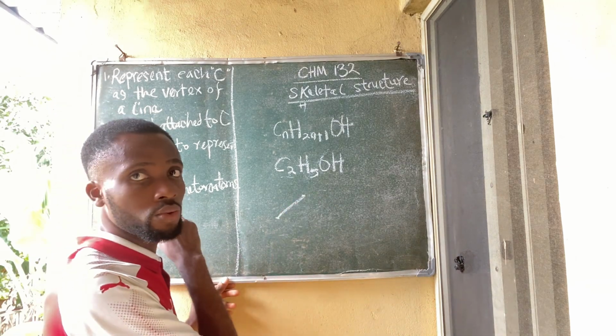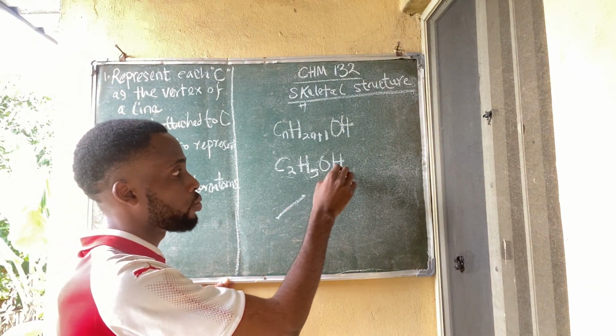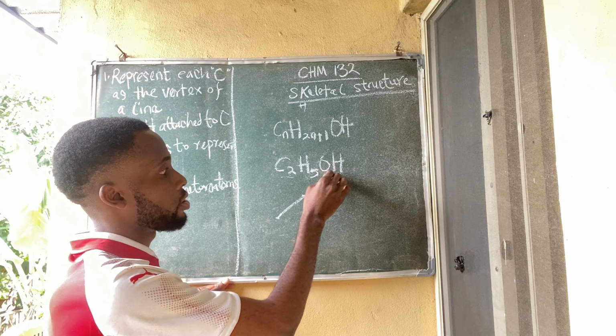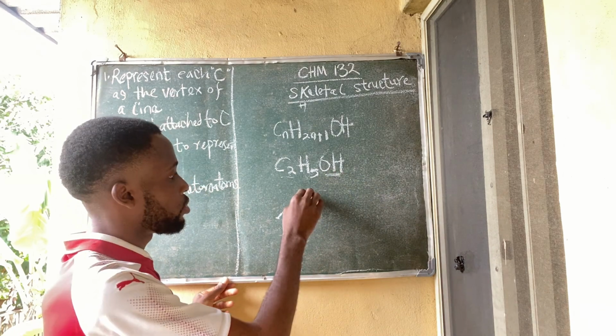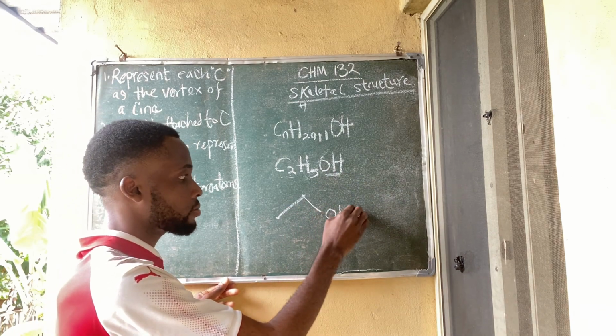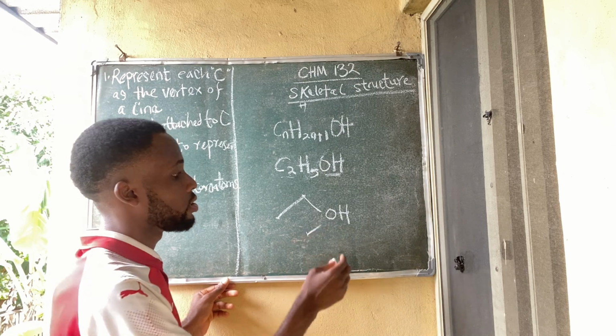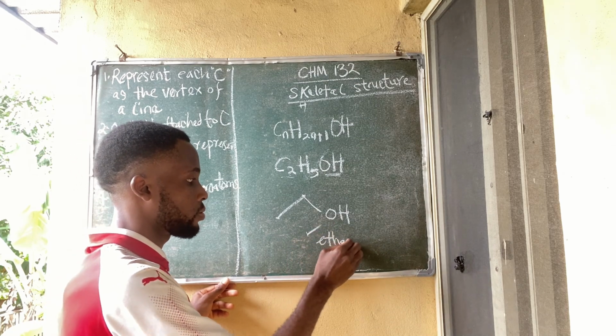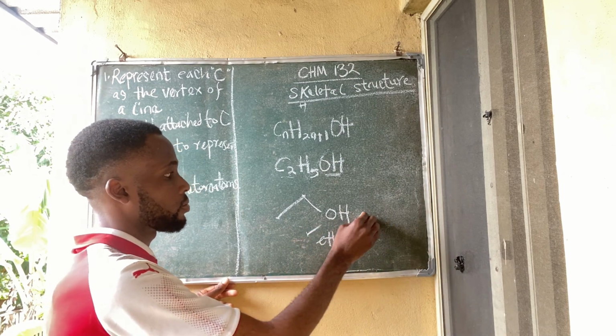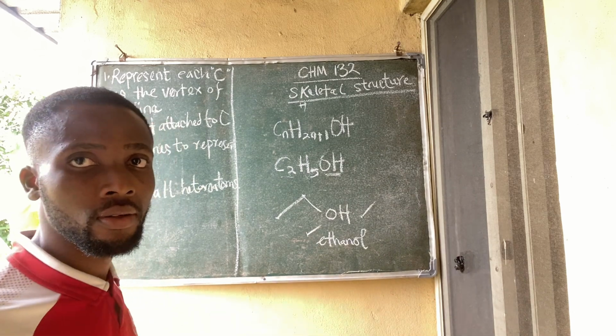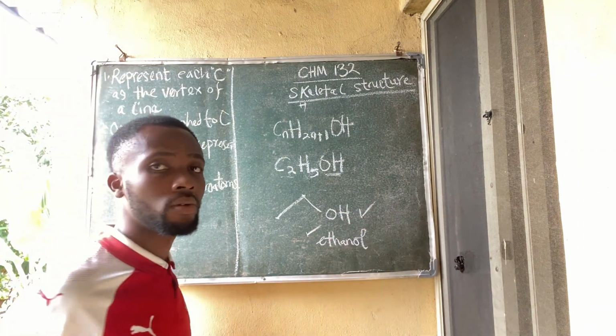What that rule simply says is that now that you want to attach this, this is a heteroatom, you are going to represent it. So this is simply ethanol.